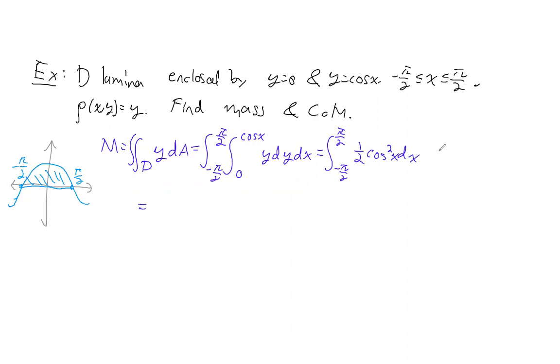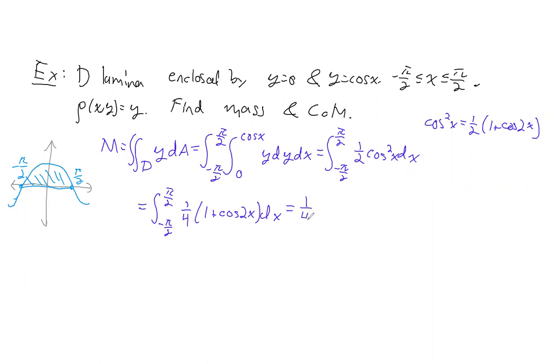Now again, you're going to want to use the trig identity: cosine squared of x is equal to 1/2 times 1 plus cosine of 2x. This becomes the integral from negative pi over 2 to pi over 2 of 1/4 times 1 plus cosine 2x dx.